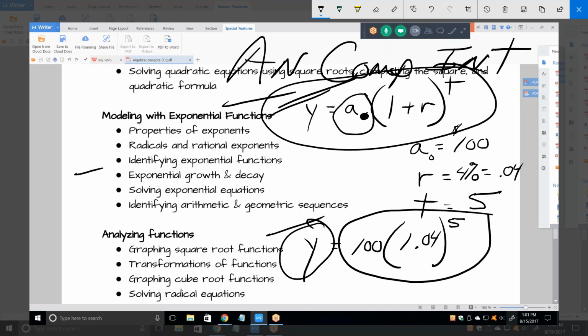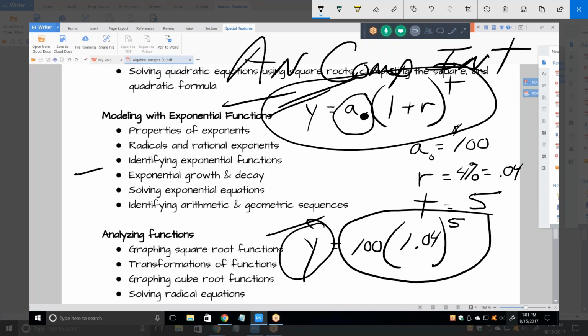There are a couple of others. There's annual, there's greater than annual, where they would compound it every month or maybe even every day. And then there's continuous compounding. The real world is really more continuous compounding.